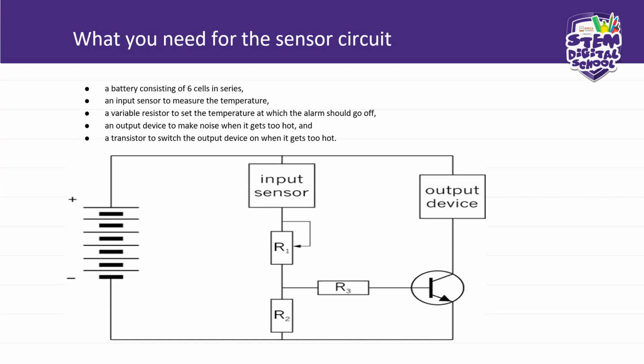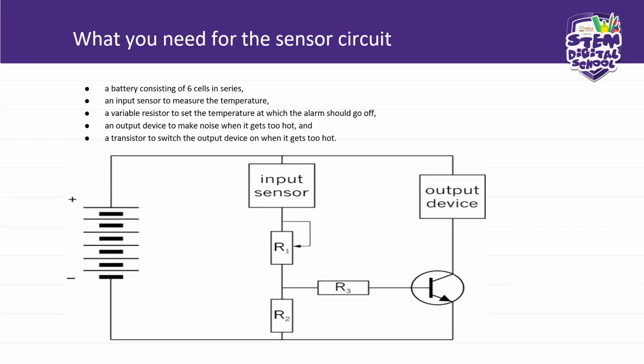All right. You have a battery consisting of 6 cells, an input sensor to measure the temperature, that will be your thermistor. You can even use your LDR, a variable resistor to set the temperature at which the alarm should go off. Remember, when we make a fire alarm, we don't want our fire alarm to go off if there's no fire.